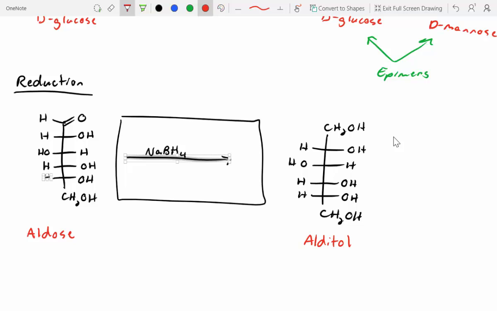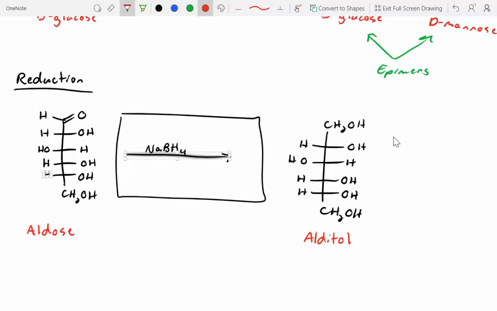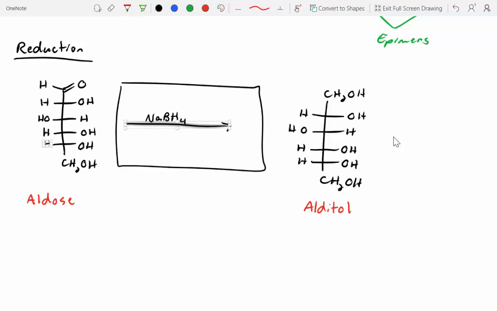It's by definition going to be a polyol, so something with a bunch of alcohols coming off of it, but no longer any aldehydes. So reduction is pretty common with these. If you read through your textbook, there are some stories about how this was used to identify the stereocenters in glucose, but we're not going to spend much time on that. We're just going to focus on the basic chemistry.